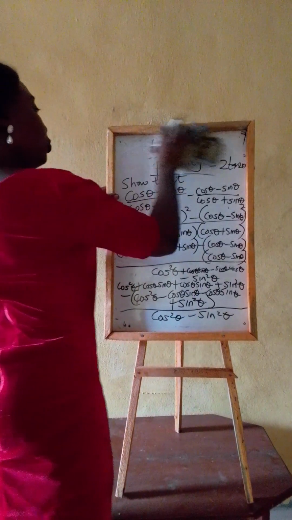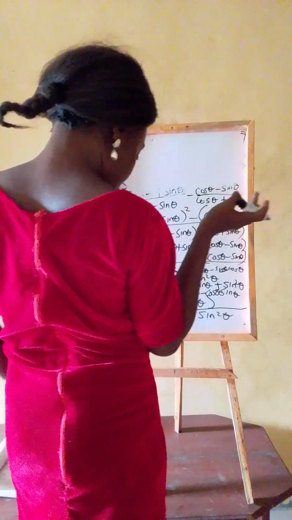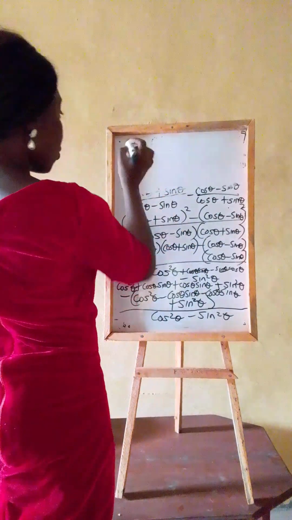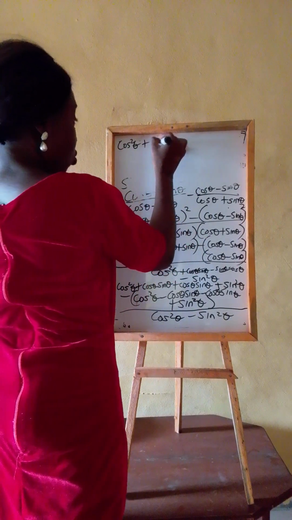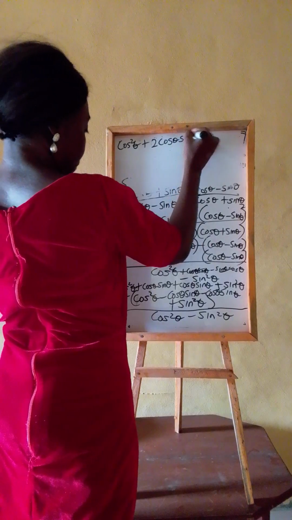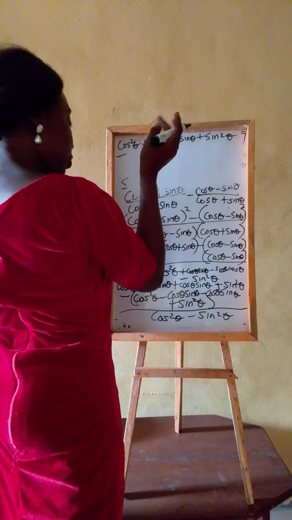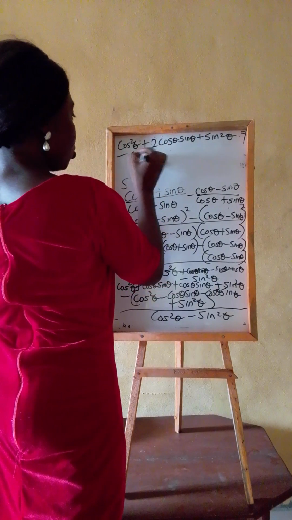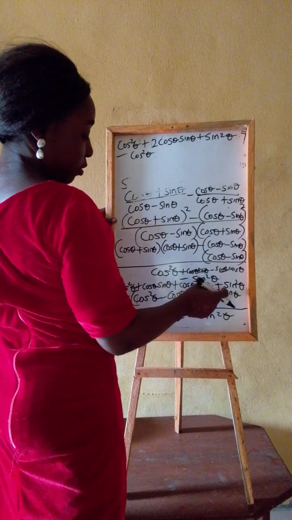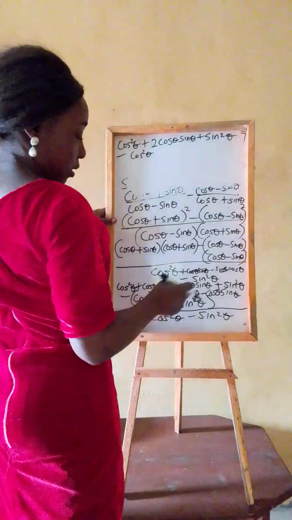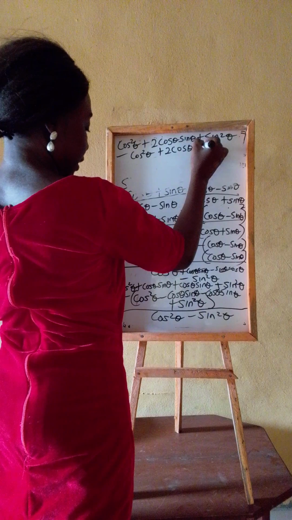So the next thing we'll do: we have cos square theta plus 2 cos theta sin theta plus sin square theta, minus cos square theta. Then minus times minus becomes plus 2 cos theta sin theta.